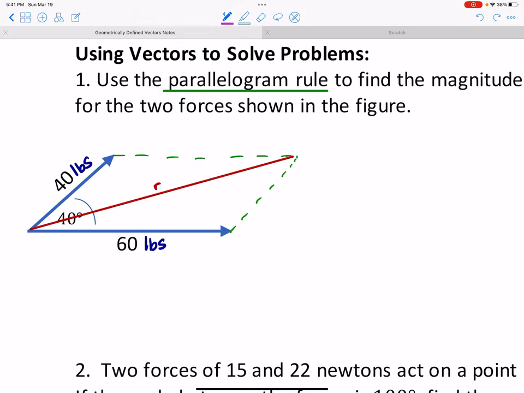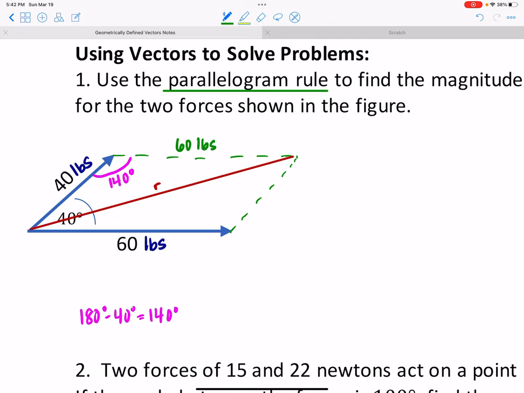Alright, so this angle in here is supplementary to the 40 degrees. So if I took 180 and subtracted out the 40, that's where I'm getting that 140 degrees. And then in this picture, I duplicated these sides, so I know this is going to be 60 pounds up here.